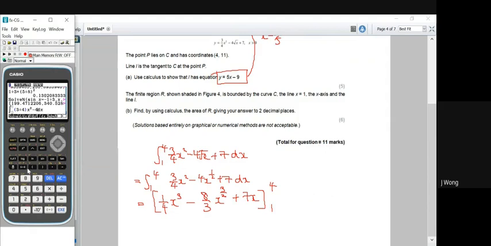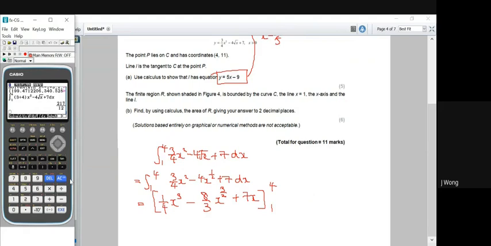Or if you want, you could just do that using the calculator from now. So let's just do that. We have cal and then integration. Let's input it one by one.